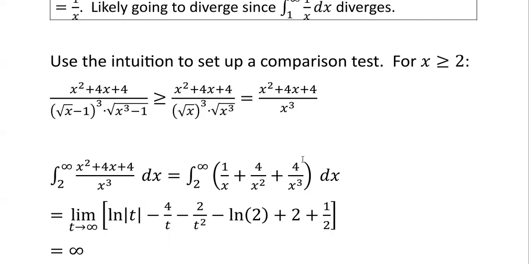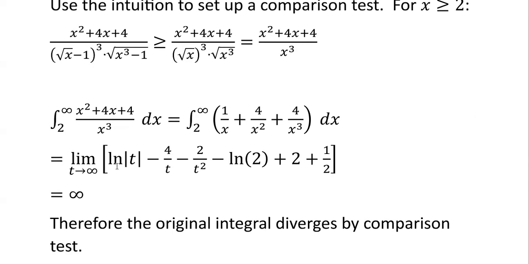It doesn't matter that these two converge, because this one diverges, so the whole thing diverges. And therefore, since our function is even bigger than this guy that diverged, our guy diverges as well. That's how I approach this problem, again with a direct comparison test, not the limit comparison test, or asymptotic comparison test, as some people call it.